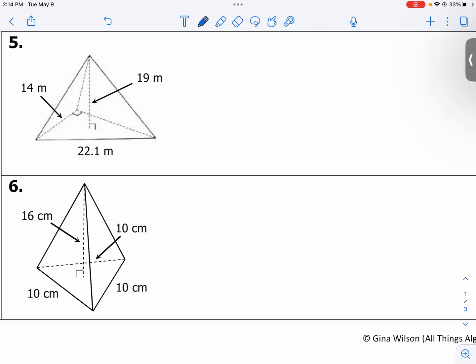We'll see. What'd you get for five? That's wrong. Do you have to do anything actually? Oh, that's it. I figured my mistake out. In number 5, I didn't do 1/2 on the height.